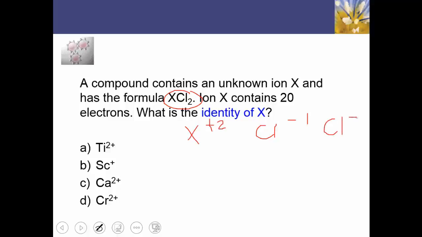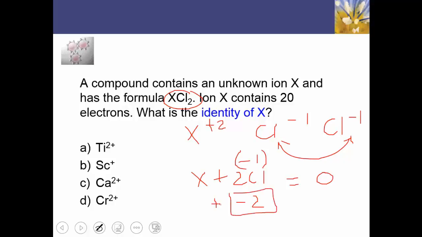That's because the two chlorines, each having a -1 charge, have to add up to a charge of 0. So X plus 2 Cl's must equal 0, and each chlorine has a -1 charge. So 2 times the -1 is a -2 total, plus X equals 0. So X has to be a +2.